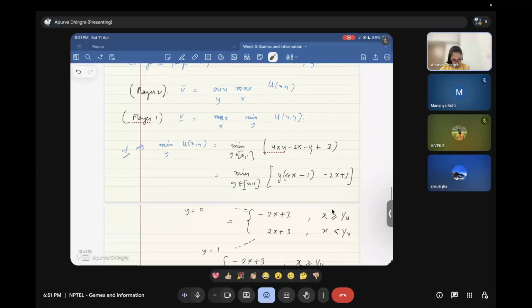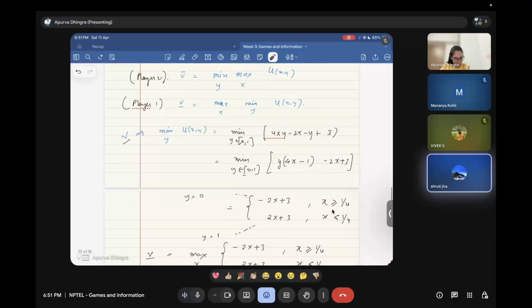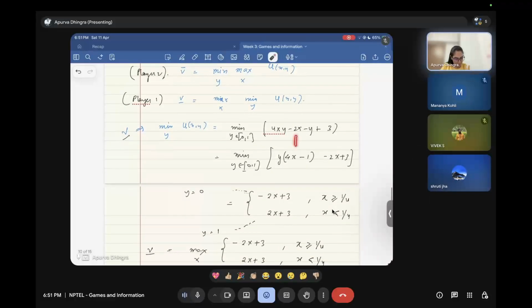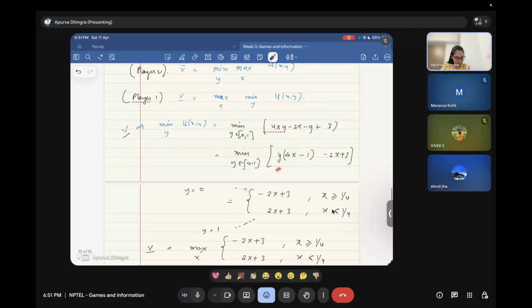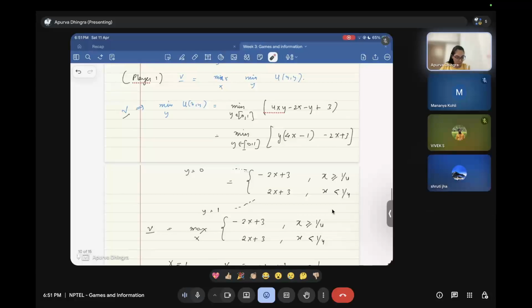Which one are we doing first? I think we're doing this one first. From here to here, all that is being done is looking at the coefficient of y. If this coefficient is positive, meaning x is greater than 1/4, what kind of value would you choose for y?